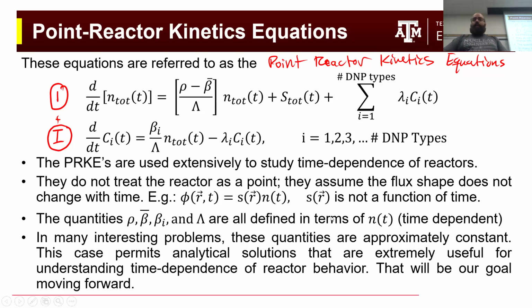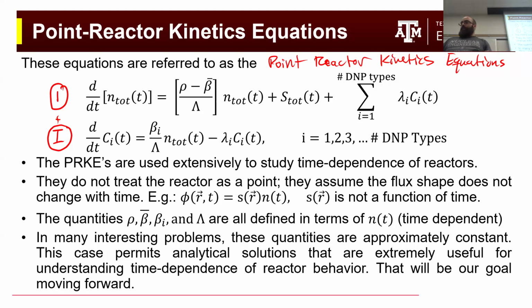And a lot of these quantities themselves can end up depending on my neutron density, so a lot of those quantities end up being time dependent. But there's lots of cases where we can treat them as more or less constant. And if they're constant, we can do analytical solutions. We can use those analytical solutions to understand a lot about how reactor behavior changes with time.